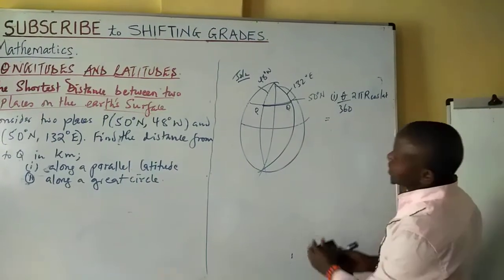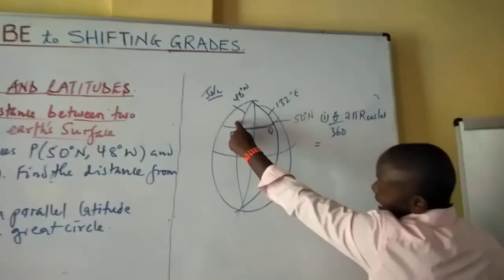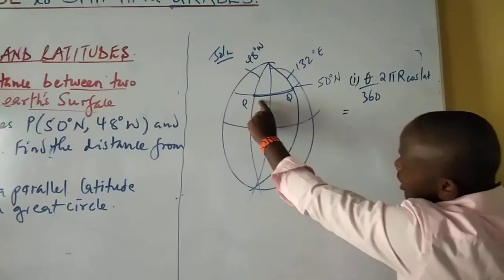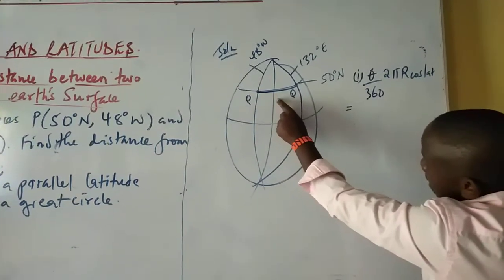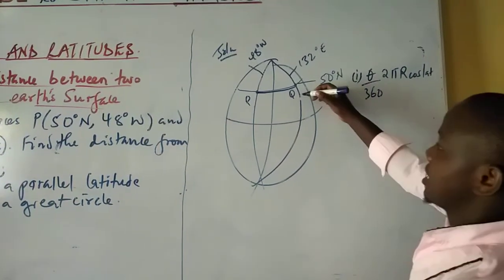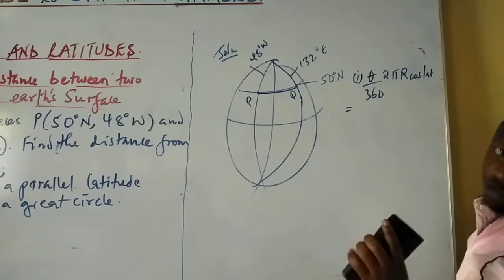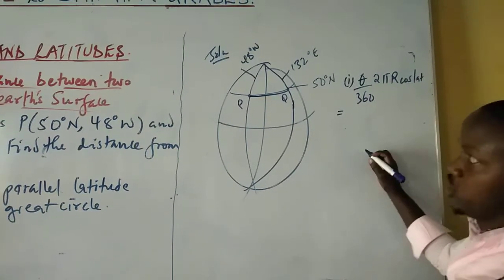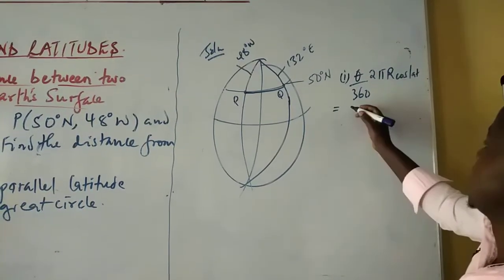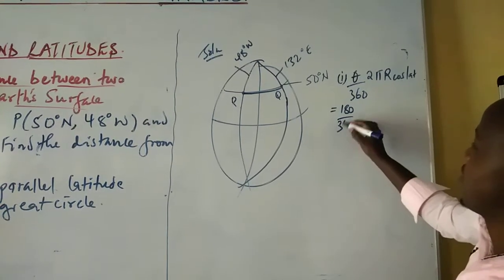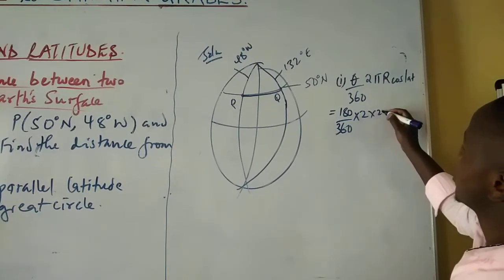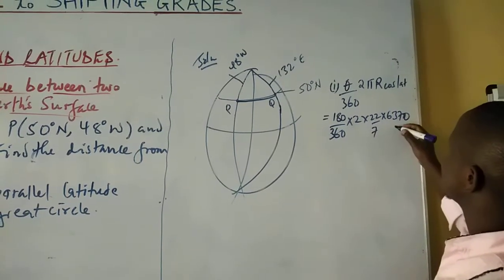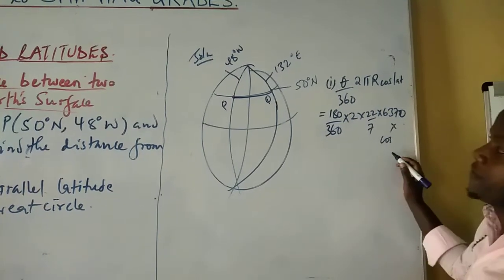Because they are on opposite sides, 48 west and 132 east, the difference in longitudes is 48 plus 132, so we add 132 plus 48. This gives us 180. Divide by 360 times 2 times 22 over 7 times 6370 times the cosine of this latitude.